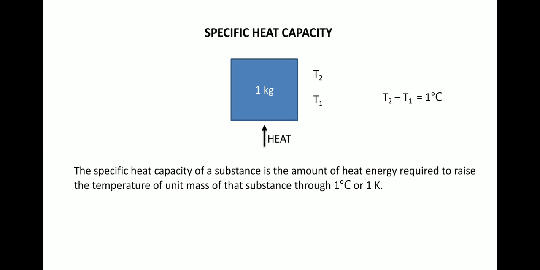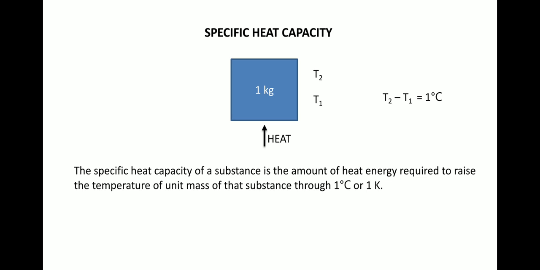And let's say the difference of T2 and T1 is 1 degree Celsius. That means the temperature is rising per degree Celsius. So the amount of heat required to raise the temperature of 1 kg mass of this substance through 1 degree Celsius will be called the specific heat capacity. So the specific heat capacity of a substance is the amount of heat energy required to raise the temperature of unit mass of that substance through 1 degree Celsius or 1 Kelvin.